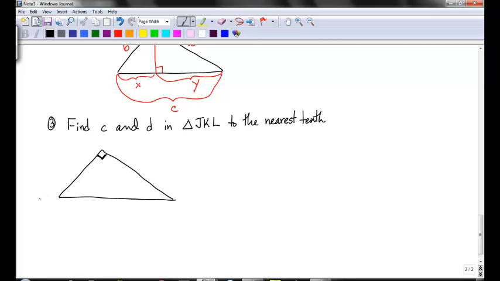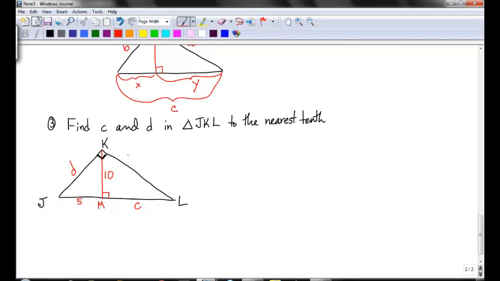Label this triangle J. The right angle is K. This is L. Okay, drop the perpendicular, the altitude down. Label this as M. Label this as D. JM is 5. ML is C. And KM is 10.